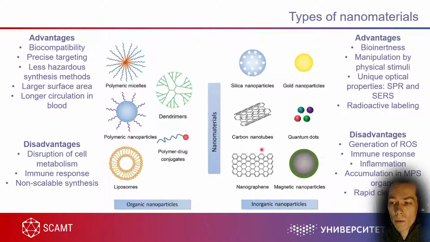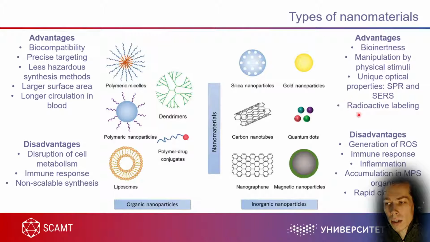Or for example, you can manipulate magnetic particles with a magnetic field. And based on this advantage, you also can use their unique optical properties. For example, for SERS, surface enhanced Raman scattering, it is mainly connected with gold nanoparticles, as well as surface plasmon resonance. So some of the particles have really unique optical properties that you can use.